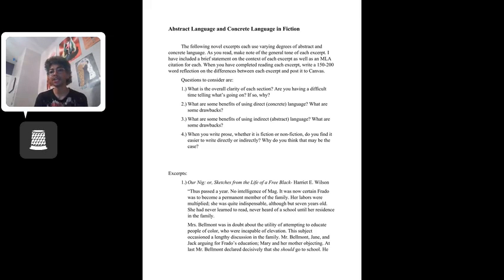However, in putting it in such plain language, you can see that Mrs. Belmont, the character, unequivocally does believe that statement. So, in using this very direct, concrete language, you learn a lot about Mrs. Belmont without room for arguing against her character. It is what it is.